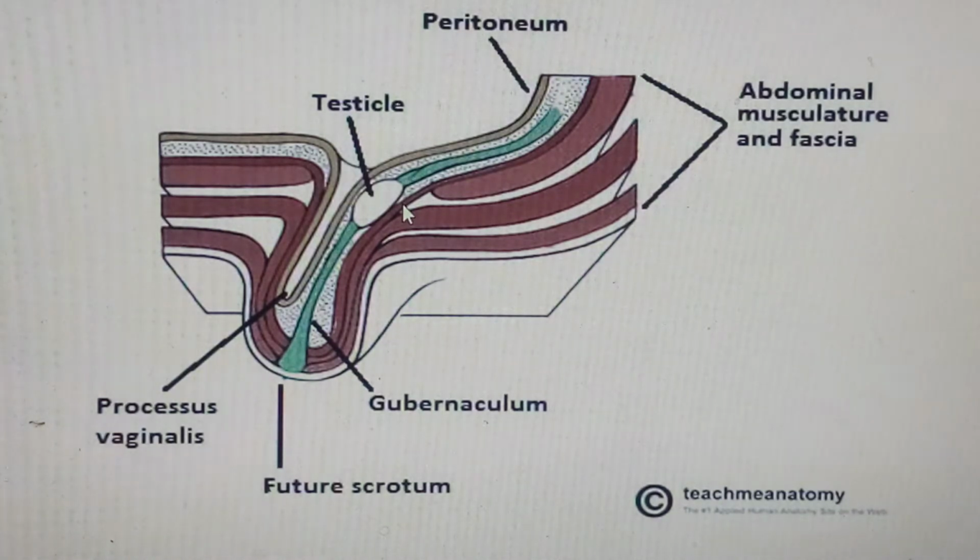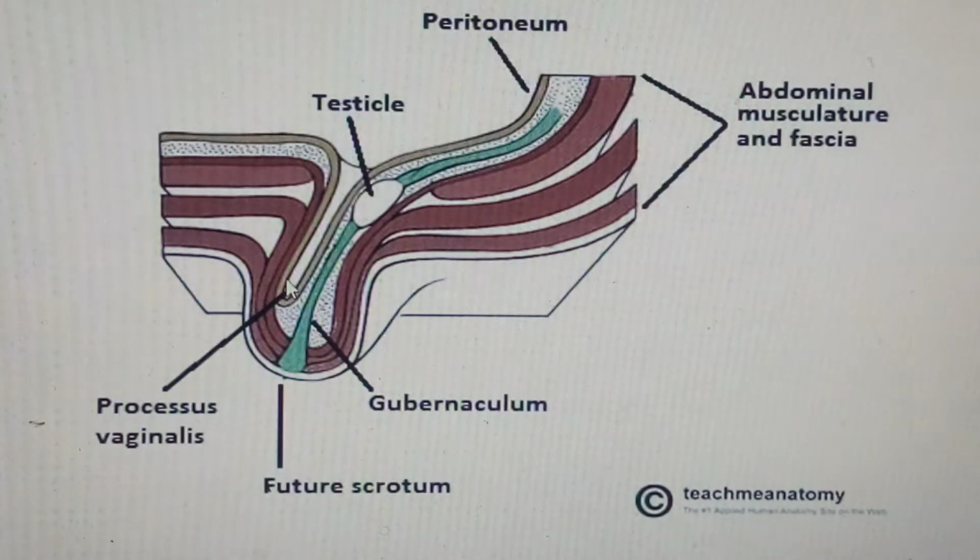But at the same time, as this testis is pulled with the help of this gubernaculum, what we also find is that the peritoneum of the abdomen forms an invagination. As you can see over here, it forms an invagination on each side of the midline, because we are going to have two testes, one on each side, into what we call the abdominal wall. That invagination which we are seeing over here is known as the processus vaginalis.